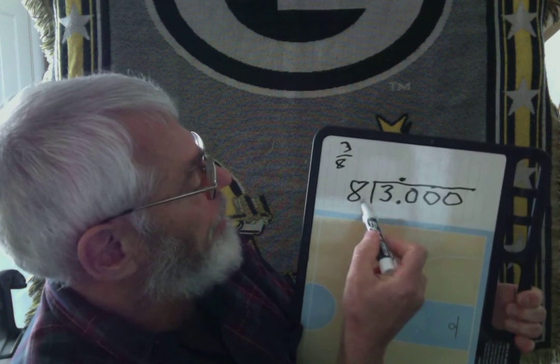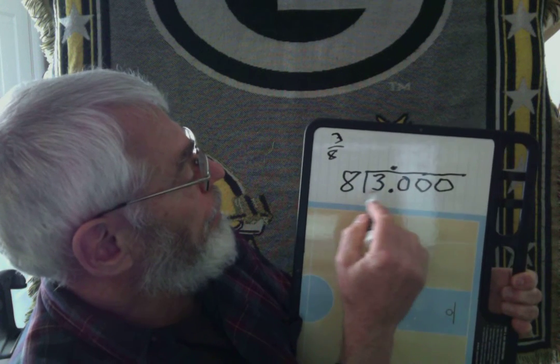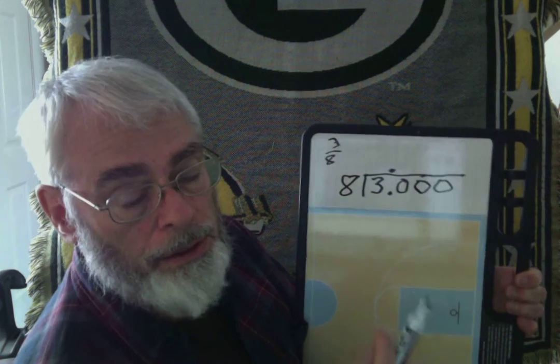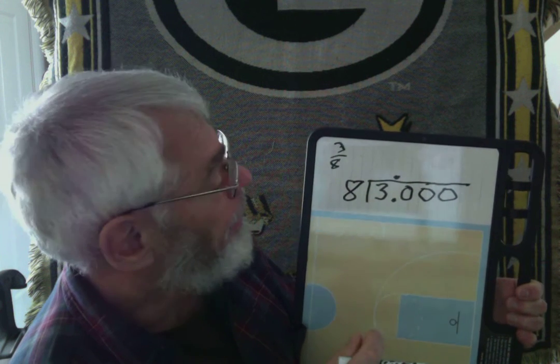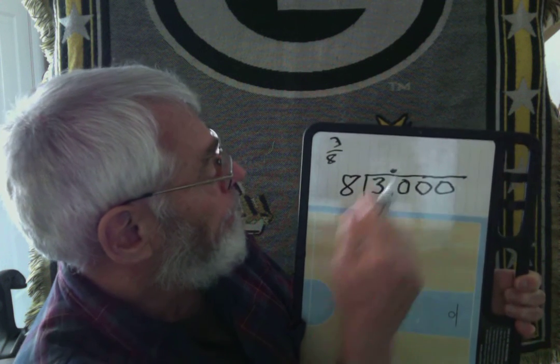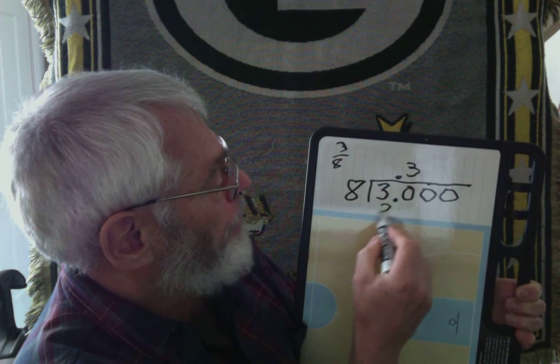All right, so let's see what that is. 8 goes into 30, let's say 3 times 8, that makes 24.